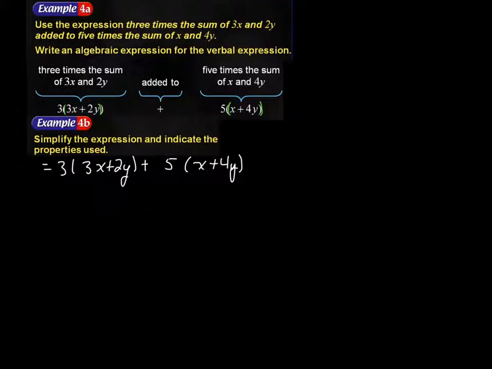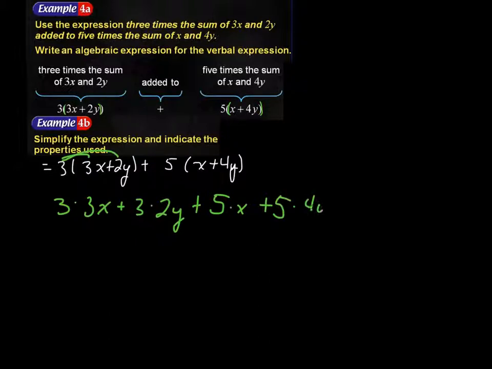Simplify the expression and indicate the properties used. Okay, we have parentheses, so the first thing we're going to want to do is distribute. So we're going to have 3 times 3x plus 3 times 2y plus 5 times x plus 5 times 4y. And we said that was distributive property, which I'm going to abbreviate because I am lazy that way.